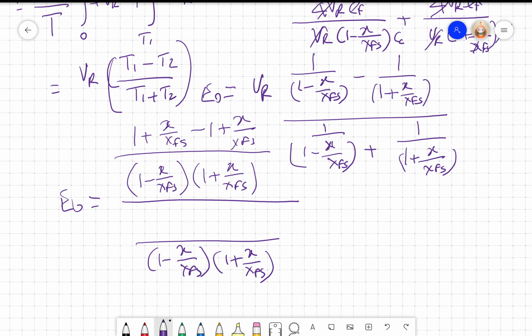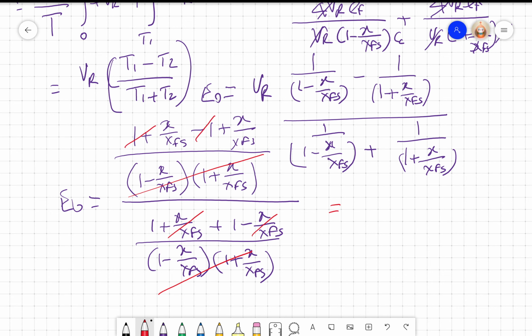Here, 1 plus x by x full scale minus 1 minus x by x full scale in the numerator, and 1 plus x by x full scale plus 1 minus x by x full scale in the denominator. Again, I can cancel this and this, right? And the x by x full scale terms will be cancelled, so plus 1 minus 1 will be cancelled.